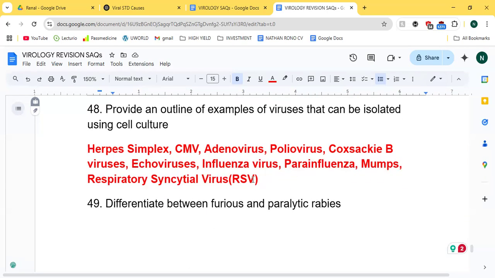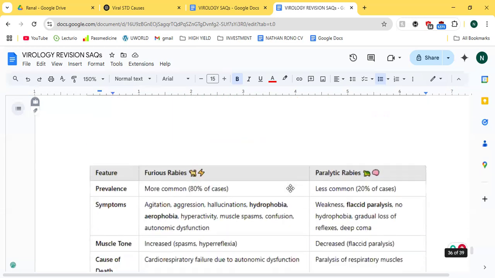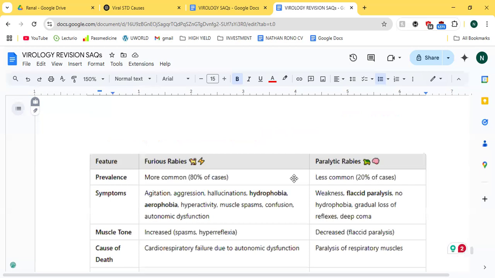And then differentiate between furious and paralytic rabies. The rabies that you guys know is the furious one, where you have hydrophobia, the fear of water. These people fear water, and when you show them water, their pharyngeal and laryngeal muscles, the muscles of the throat, start spasming.